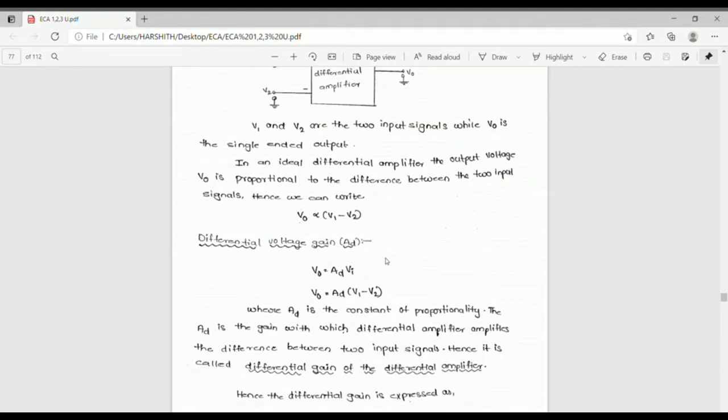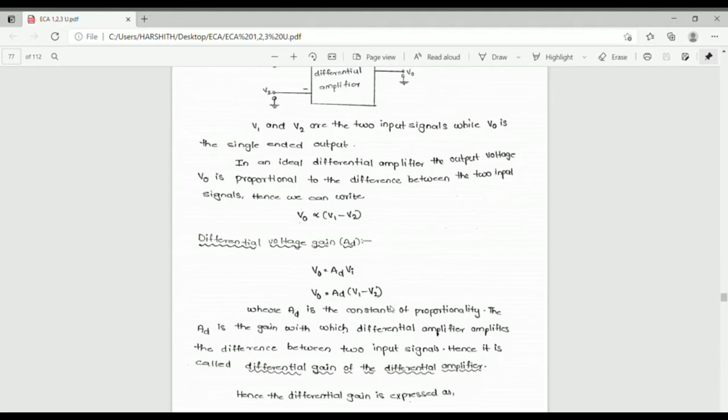AD is the gain with which the differential amplifier amplifies the difference between the two input signals. Hence it is called the differential gain of the differential amplifier.